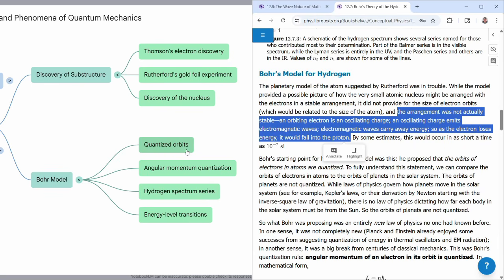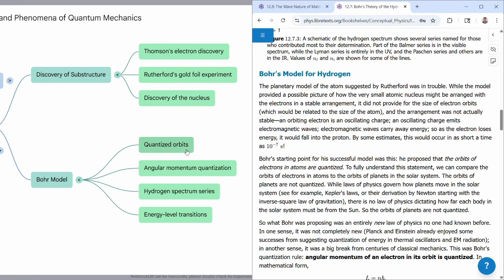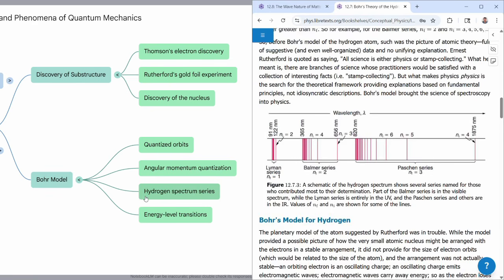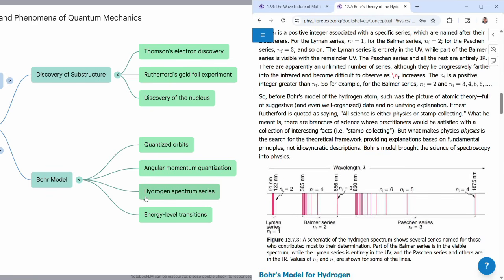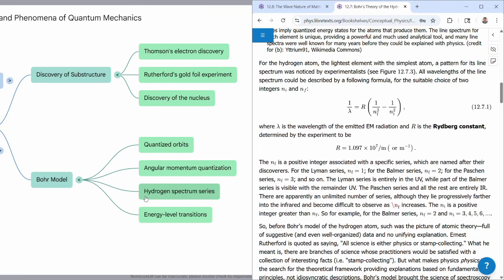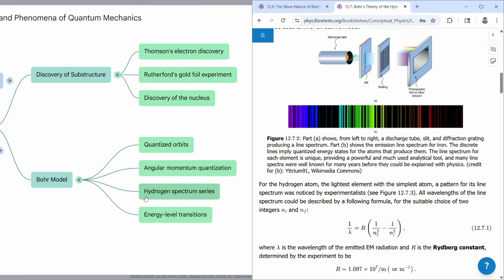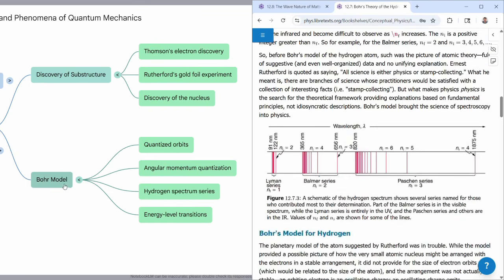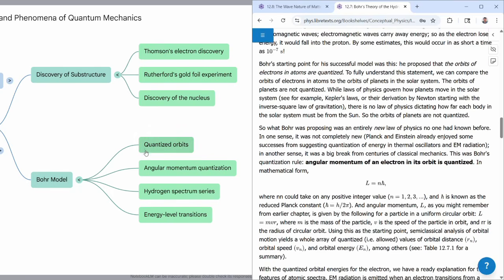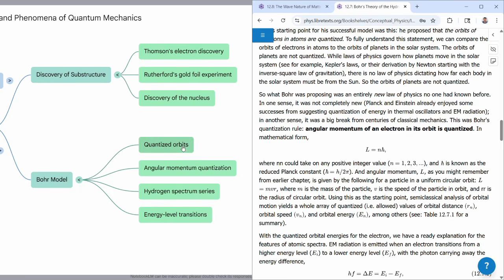So in order to explain the stability of the atom, and also to obtain an agreement with the observed spectrum of hydrogen, which had already been well studied by chemists and people working with atomic spectra, Bohr suggested a model that involved quantized orbits, quantized by discretizing the angular momentum.